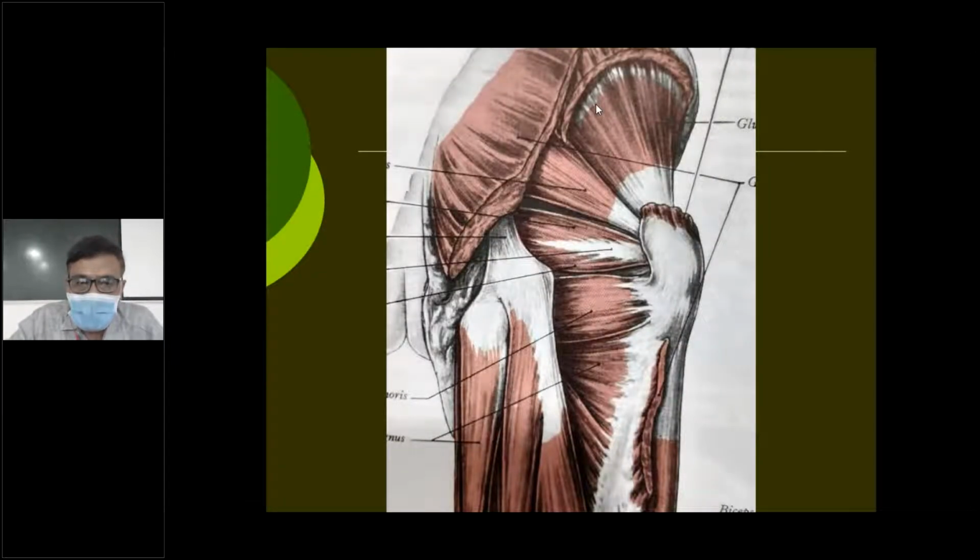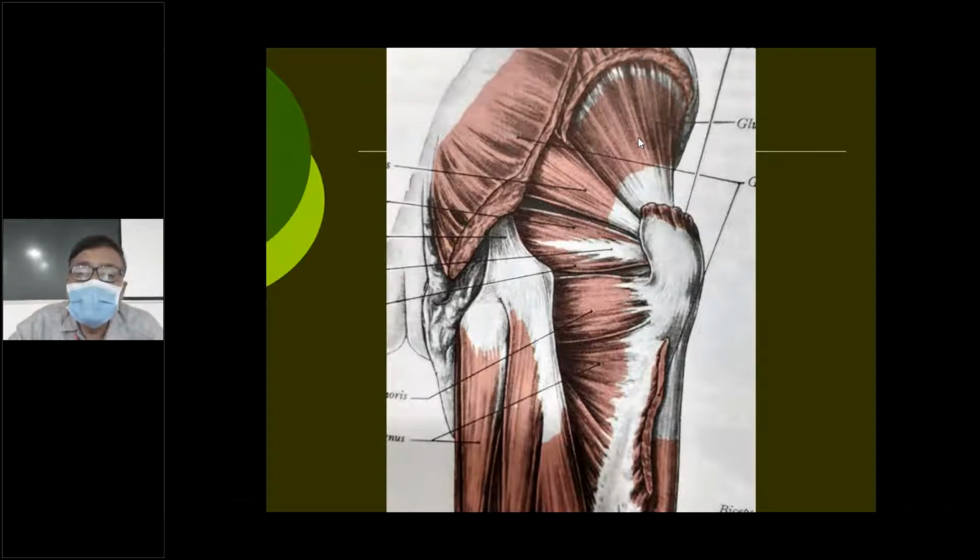Now, look at this picture. This is the gluteus maximus cut here, and this is the other cut part. This is the gluteus medius, also cut here, and this is the minimus. Apart from the glutei, there are 6 more muscles.